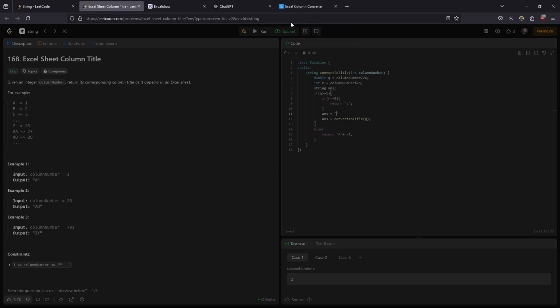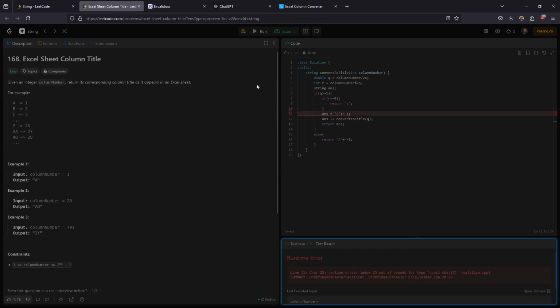We can use the same technique, A plus R minus 1, and after that the answer will be added here and returned to the previous recursion call. I don't know whether it will work or not.